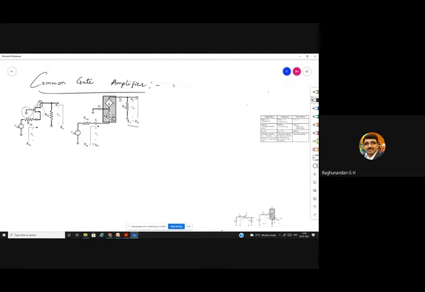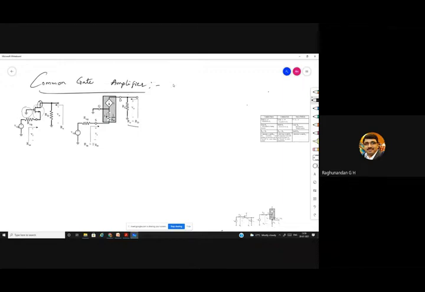Please remember, in the earlier analysis of the common source amplifier, we discussed three types of gain: the overall gain, open circuit gain, and the terminal voltage gain. Here in this common gate amplifier, mainly we are concentrating on the open circuit gain.